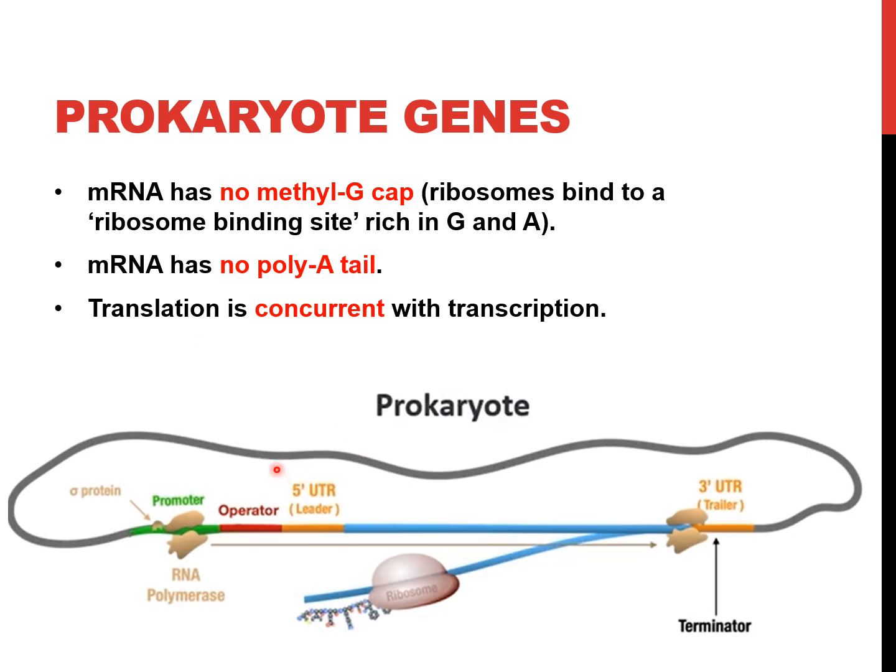So realistically, if I was to quickly draw something on here, there would be another protein running here. And what would that be? That's right, RNA polymerase. Okay, and that's essentially what's doing the transcribing, just before the ribosome then does the translation. Okay.